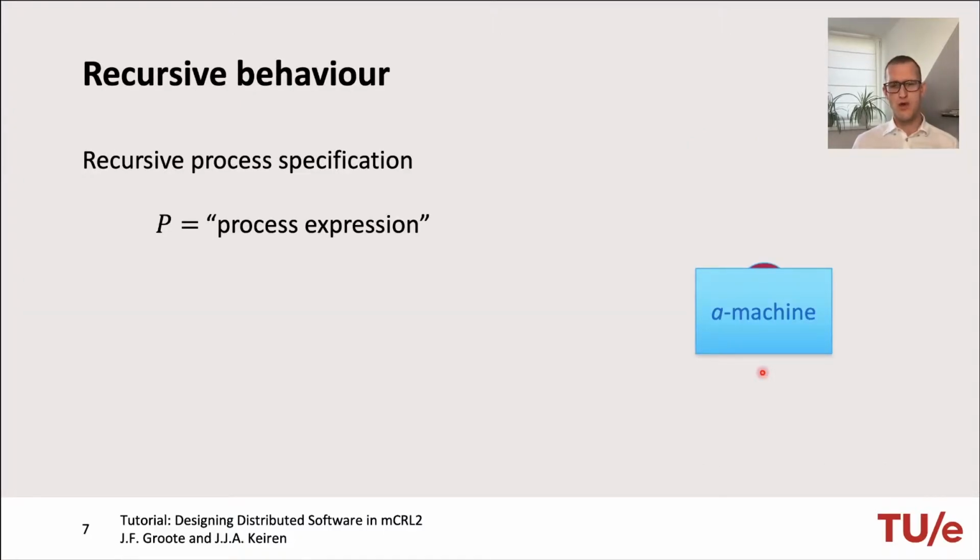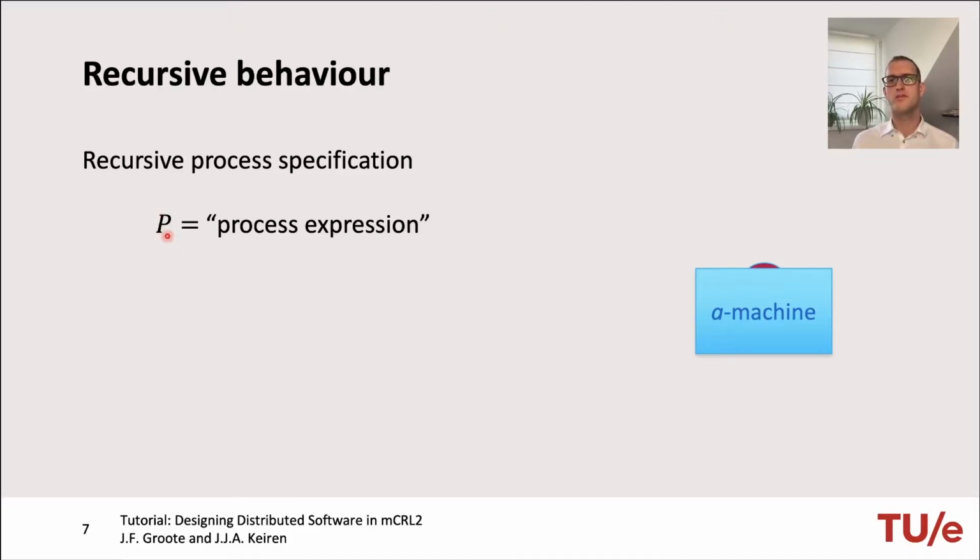Now, this only allows us to model very simple finite processes. To model more complicated behavior, we can use recursion, where we introduce a name for a particular process expression, and that process expression itself can refer to such process variables.